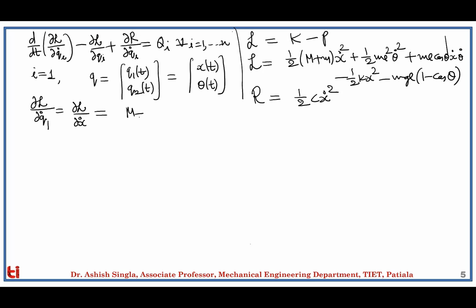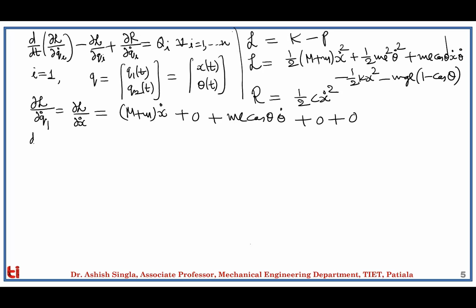We have (M plus m) x dot from the first term. Second term, there is no contribution from x dot, 0. Third term, we have the contribution, so we have ml cos theta theta dot, no contribution from the fourth term, no contribution from the fifth term.